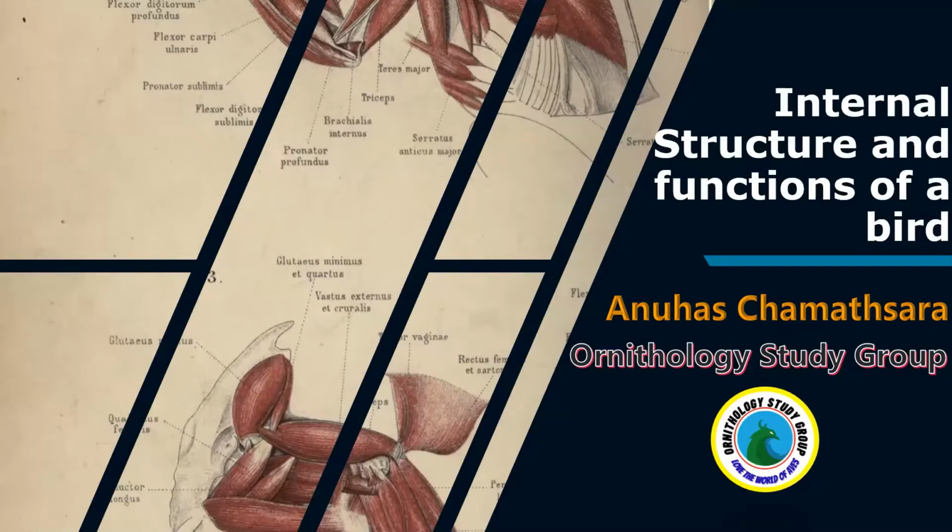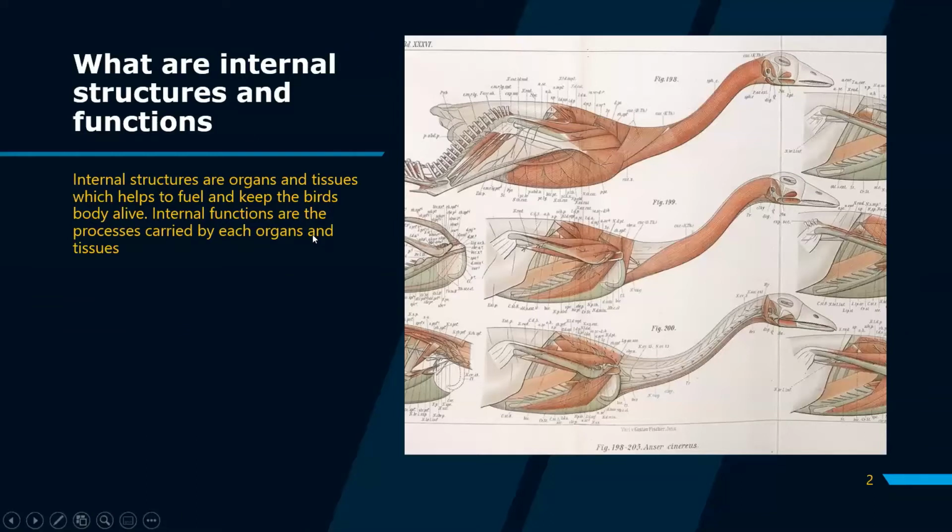So today we're going to teach you about internal structures and functions of a bird. Actually, it's a general introduction to the internal structures, and we'll also teach you about the main systems of them. So first, let's see what internal structures and functions are.